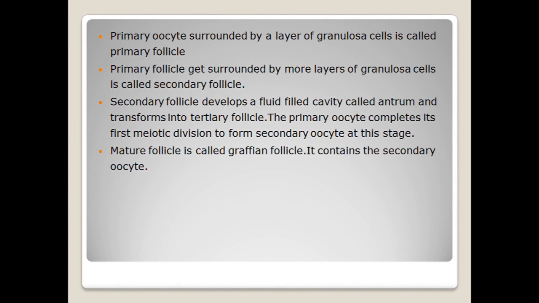Primary follicle gets surrounded by more layers of granulosa cells and is called secondary follicle. Secondary follicle develops a fluid-filled cavity called antrum and transforms into tertiary follicle. The primary oocyte completes its first meiotic division to form secondary oocyte at this stage. Mature follicle is called Graafian follicle. It contains the secondary oocyte.